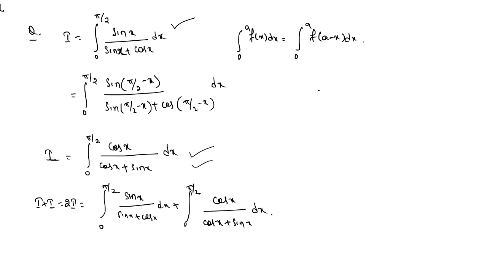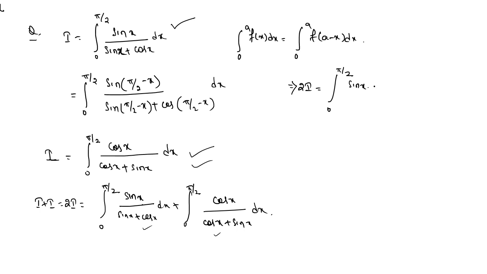Ok, so now adding these two, this is 2I equals to, here limit value is same. Ok, so write 0 to pi by 2, and here we add these two, LCM is same for both the cases.